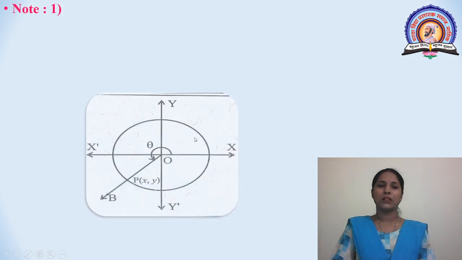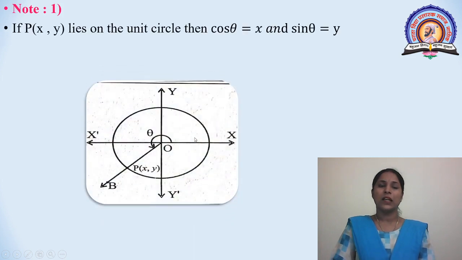Here is a remark. In the xy plane, point P lies in the third quadrant, its coordinate is P of xy, and theta is the angle measured in the clockwise direction.